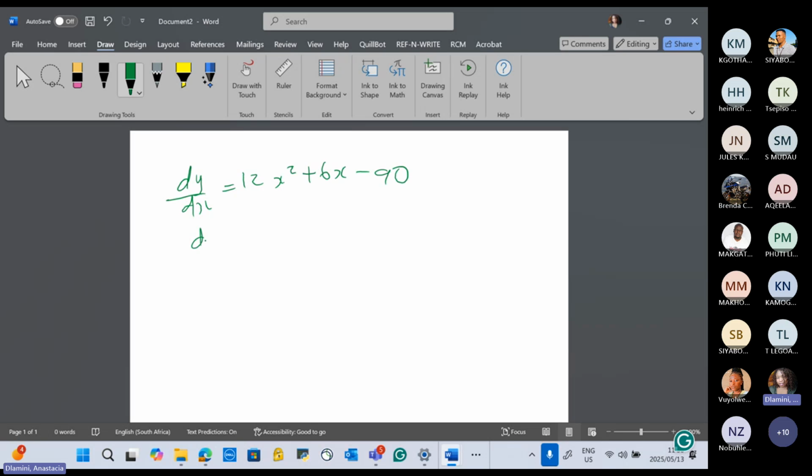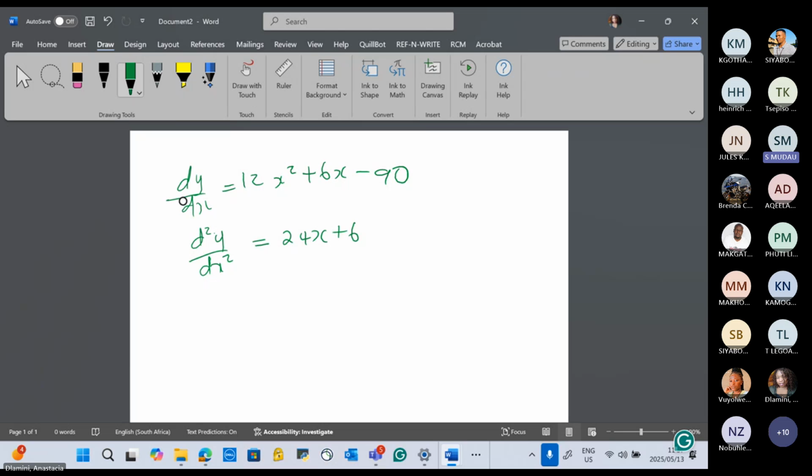So the second derivative, d squared y over dx squared, is equal to 24x plus 6. Then what do we do?